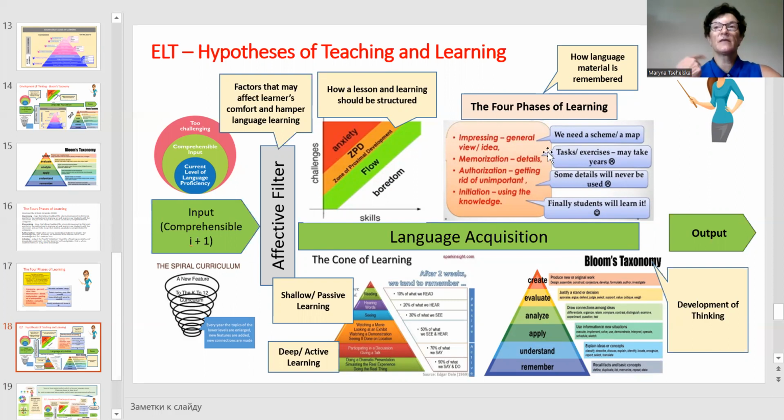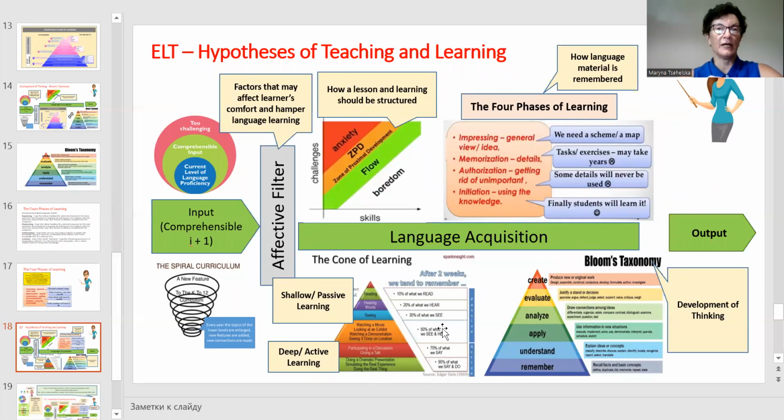Instead, using the spirals, using different activities to go back to the vocabulary, we'll be able to teach our students the whole picture if only we remember about the 4 phases of learning. So it shows us what to do with the material: structure it, make it quite difficult and quite simple as well, and go back to it many times.